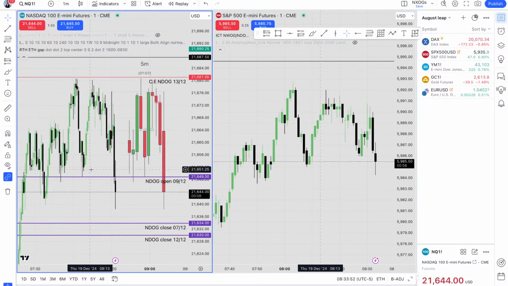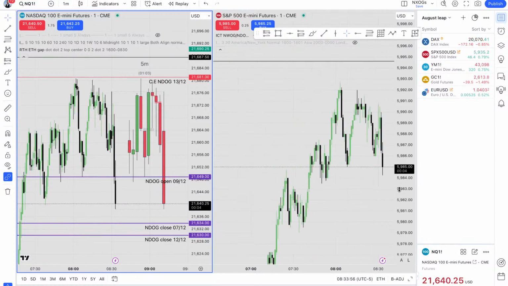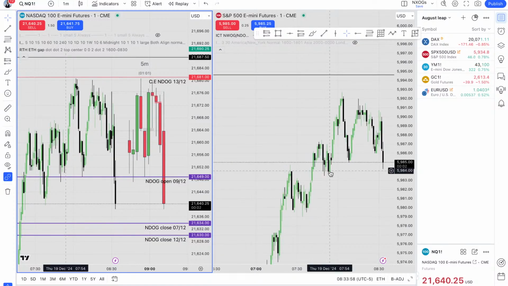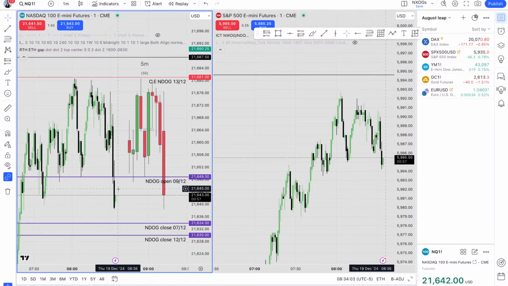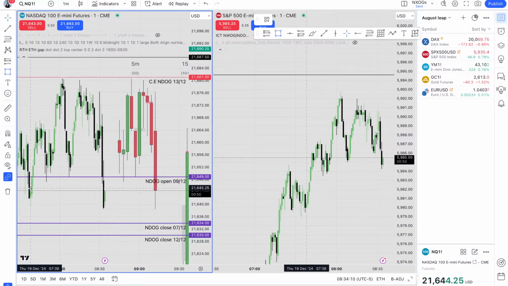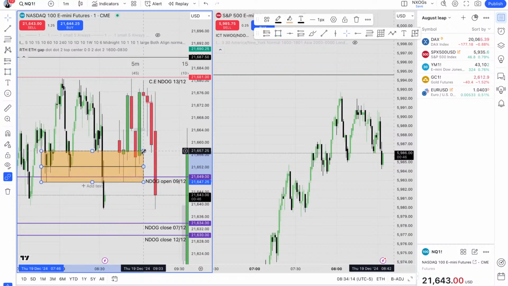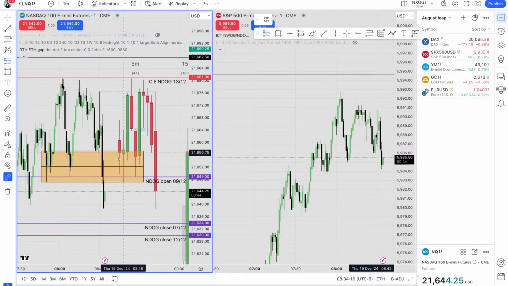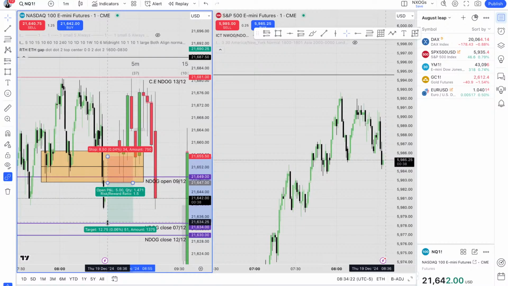It took all this liquidity right now. You have here a breaker with a volume imbalance, like here, if you go right here. But my target already took all these lows.